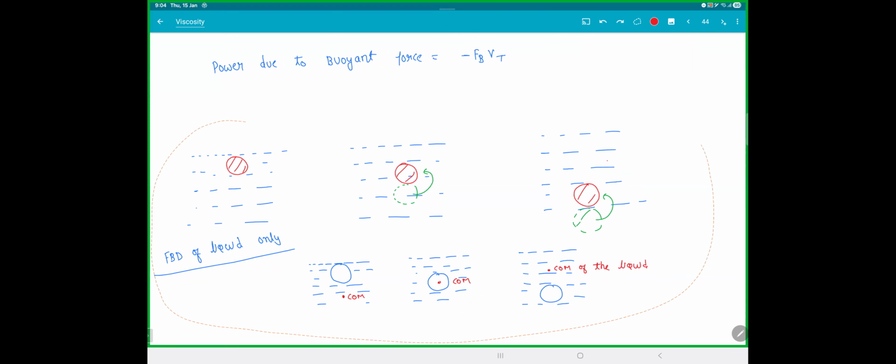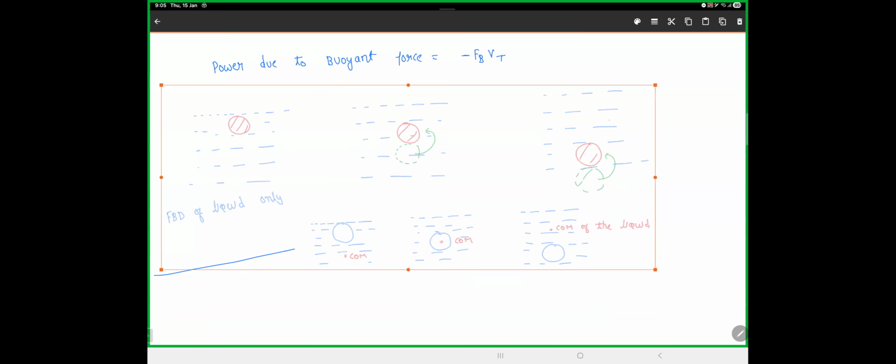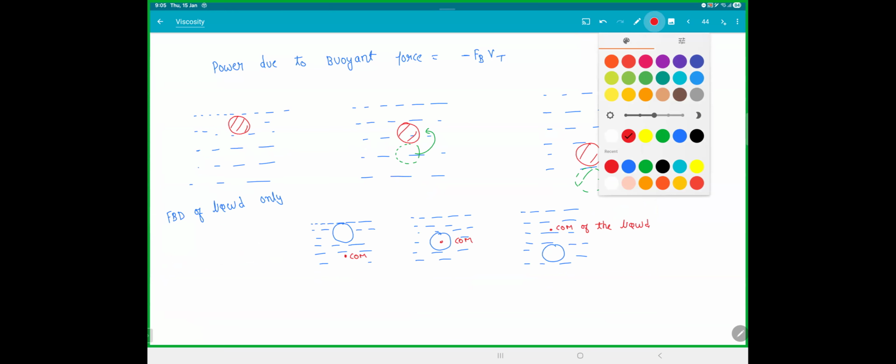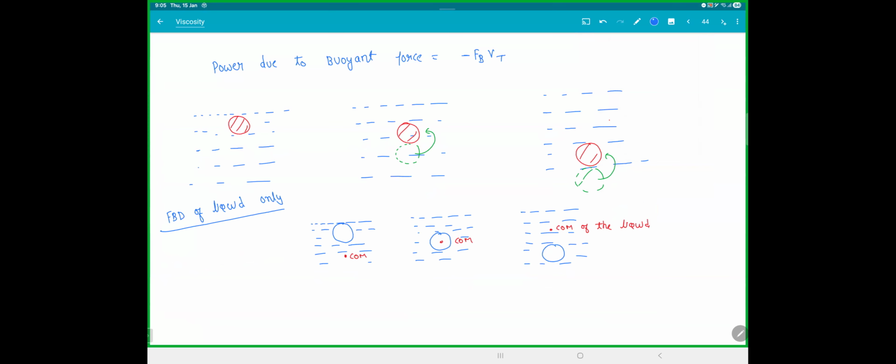So the buoyant force, what it is doing, it is actually increasing the potential energy of the liquid. So the center of mass of the liquid is continuously going up. Therefore, the potential energy of the liquid increases.